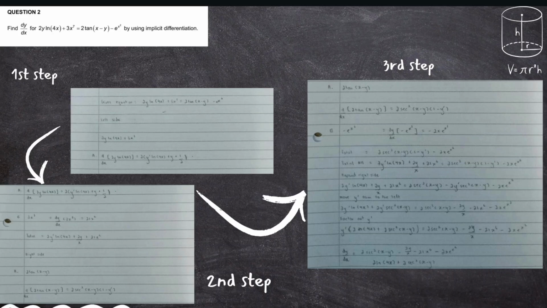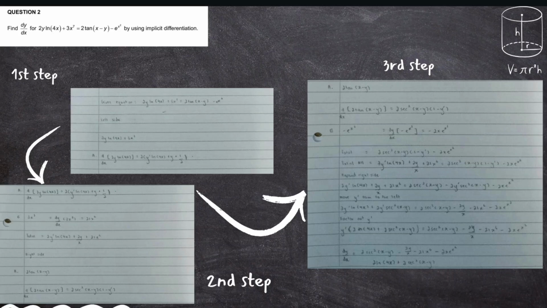So 2 sec squared of 2x minus y, minus 2y prime sec squared of 2x minus y, minus 2x e to the power x squared.